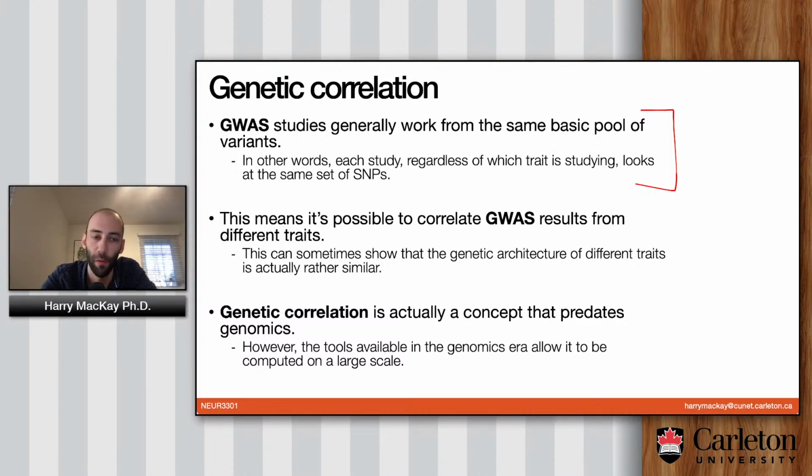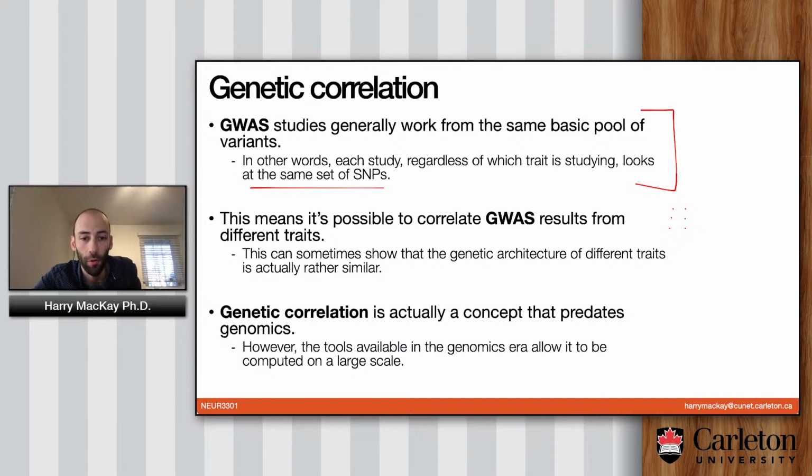They cover virtually all of the SNPs that are common enough in the population that you could reasonably detect and link to a disease. But they're all starting from the same place, so you can only have so much to work with. But the good news is that it's possible to correlate GWAS results from different traits, because you can take the results from each SNP and compare them across different traits and see if they have a correlation.